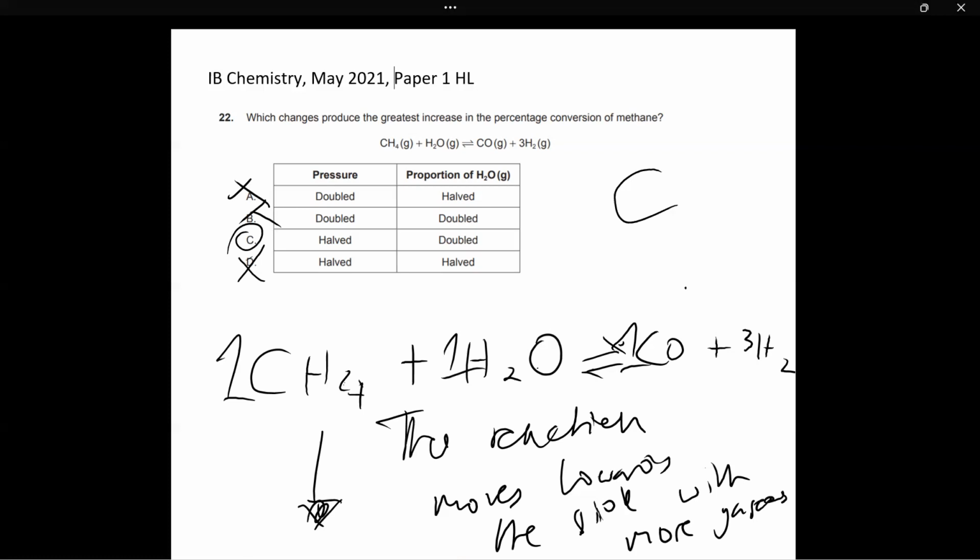As for the proportion of H2O in the case of this reaction, H2O is a reactant, right? And when you increase the amount of reactants, naturally you're going to produce more products, right? You're going to have more products being produced if your reactants are more.